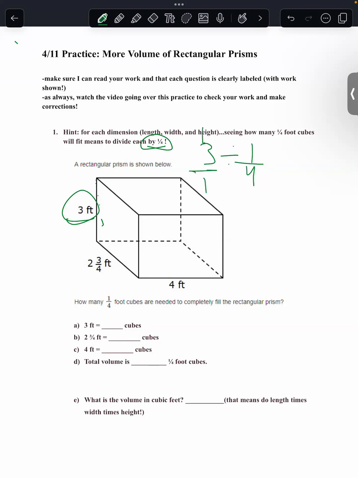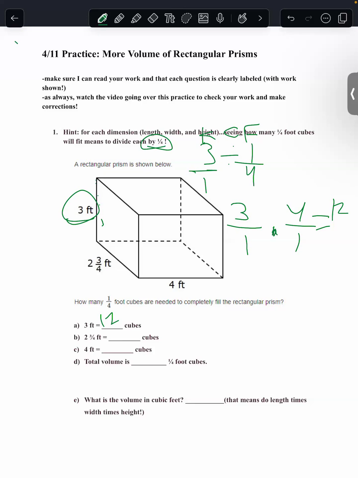So you're taking 3, you can put any whole number over 1, then you're keeping the first number, 3 over 1, then changing to multiplication, then flipping the second number to 4 over 1. This is how you multiply fractions: keep the first one, change to multiplication, flip the second one. Therefore, it's 12. So if you have 3 feet, then you need 12 1/4 foot cubes. So 3 feet divided into fourths gives you 12.